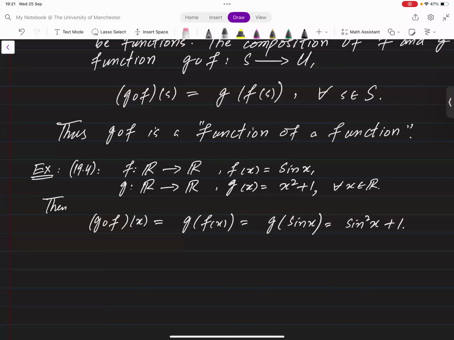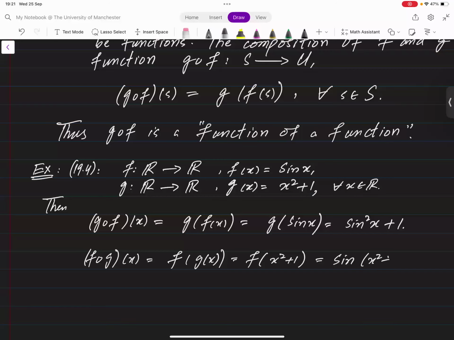Okay, similarly, f compose g of x is f of g of x, and that is f of x squared plus 1, and that is sine of (x squared plus 1). Okay, similarly, we can define compositions.